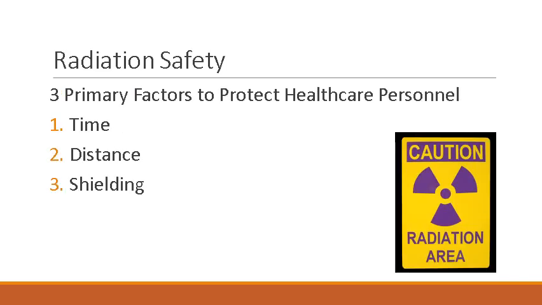Radiation safety. If you're working with someone that is receiving radiation treatment, there are three primary factors that are important to protect us as healthcare personnel, and also to protect patients, friends, and family. Before we talk about these three things, I'm just going to talk about two different types of radiation.